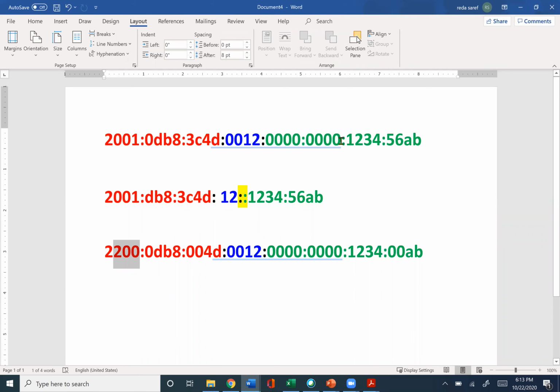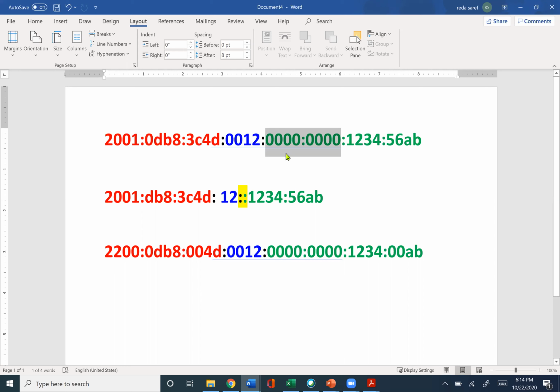Okay, this process right here is called compression. You're compressing the zeros, the zero compression. This is called the leading zeros. The whole thing is a representation of an IPv6. Instead of representing it the formal way, the first one that you see here, this is the other way of representing it, kind of like the short version of an IPv6.